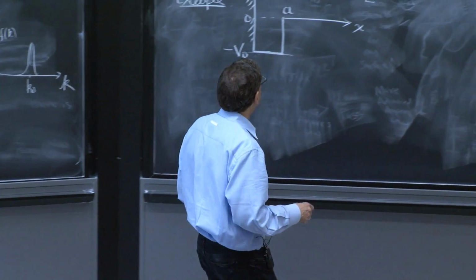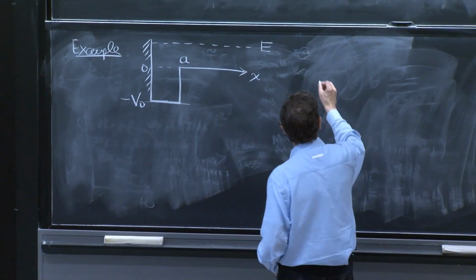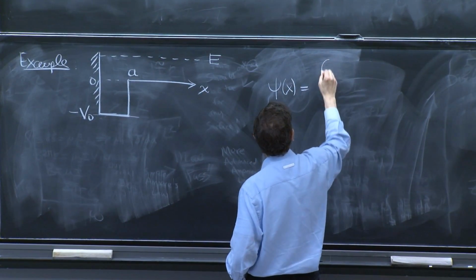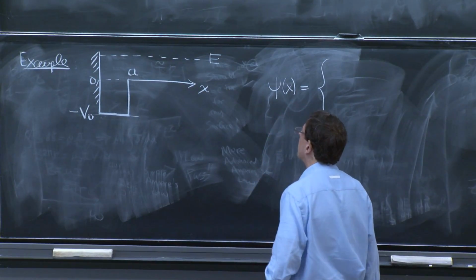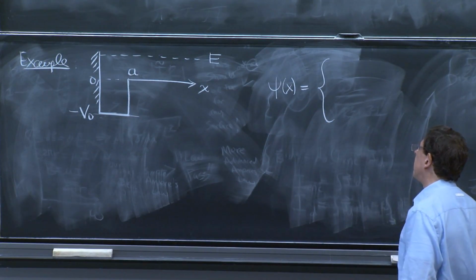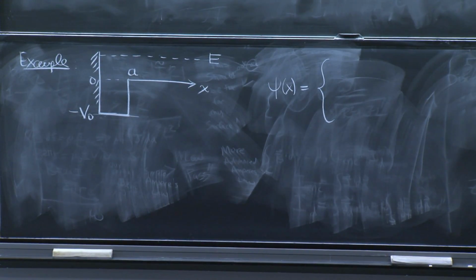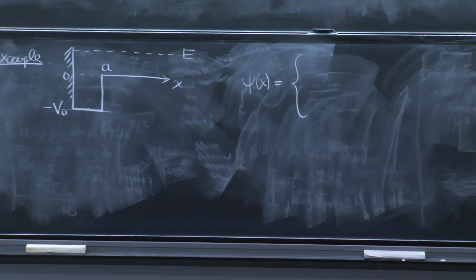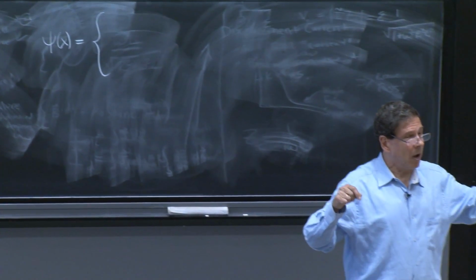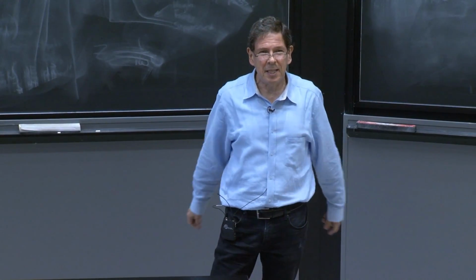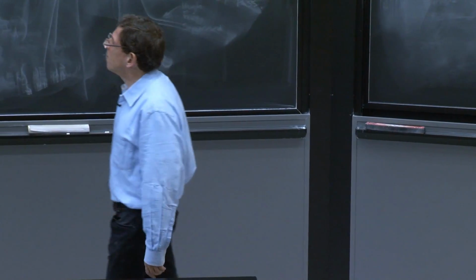So for that, we have to solve the Schrödinger equation. Psi of x is equal to what? Well, there's a discontinuity, so we probably have to write an ansatz in which we have a solution in one piece and a solution in the other piece. But then we say, oh, we wrote the solution in the outside piece already.